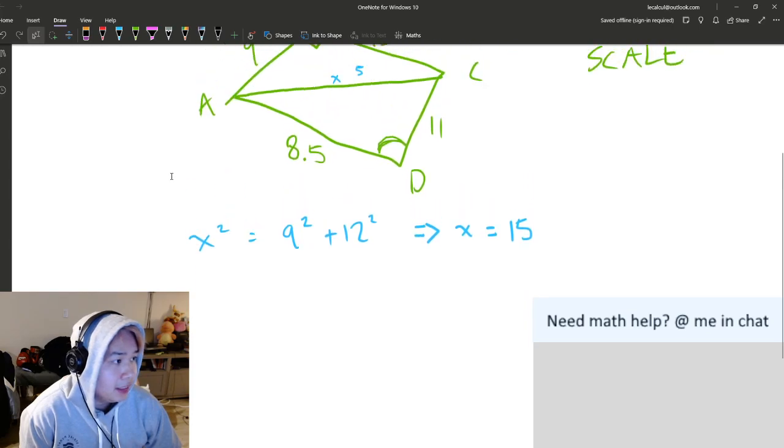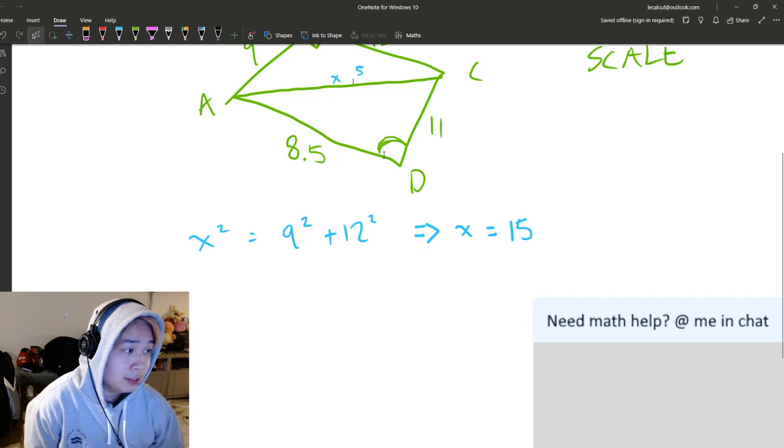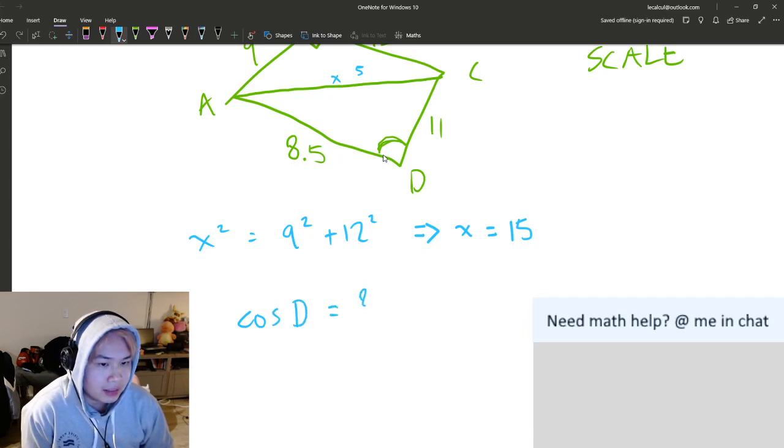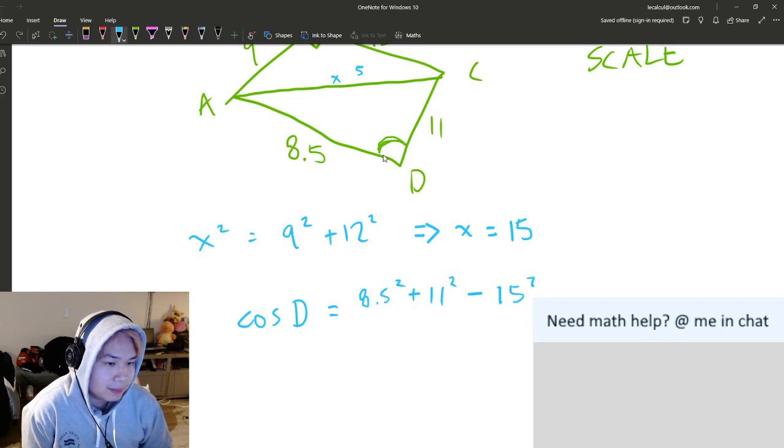Then we will have to use cosine law on triangle ACD to find out angle D, because we don't know if it's necessarily a right triangle. Again, all of this is just in calculator, right? So cosine of angle D is 8.5 squared plus 11 squared minus 15 squared, divided by 2 times 8.5 times 11.